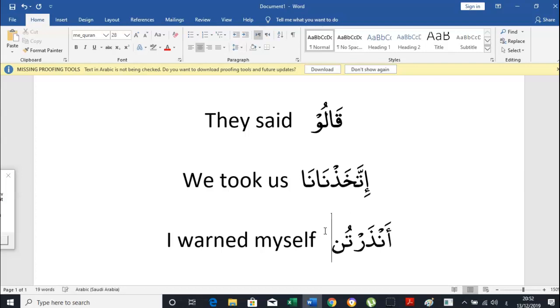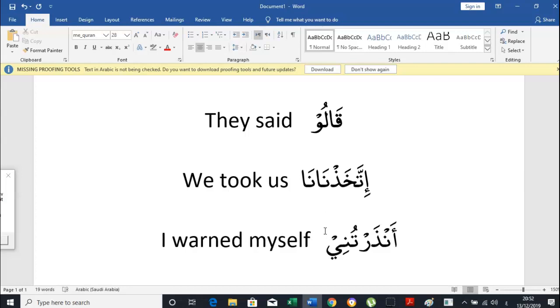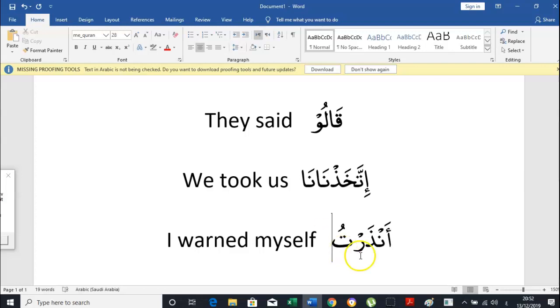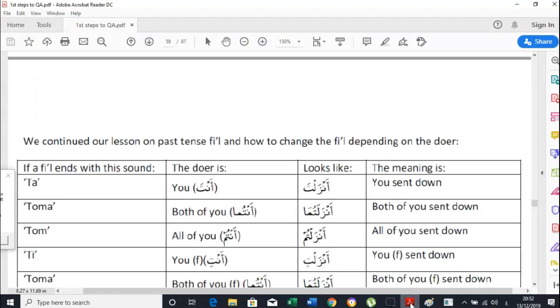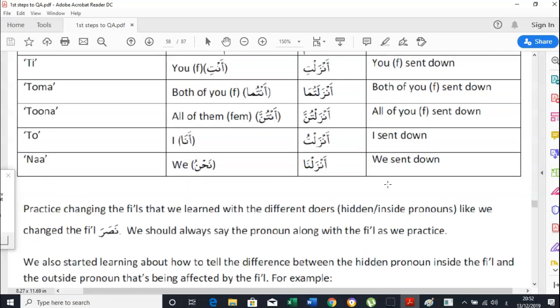Andartuni, very good. Can you say andartui? It doesn't make sense. It sounds funny. So it's andartuni. That's why you use either ni or i. It's a crazy example, but hopefully you got the point across. Okay.